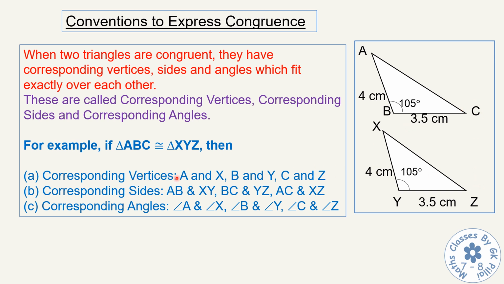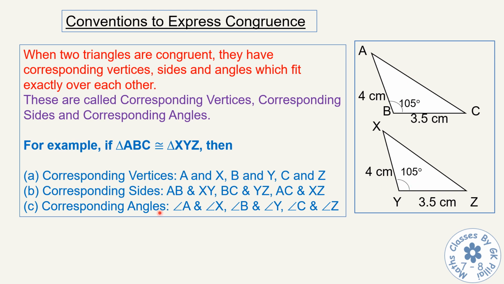In the beginning, the school question paper may ask about this, but ultimately these two are the important things: corresponding sides and the angles. So the corresponding sides are AB and XY, BC and YZ, and AC and XZ. These are the corresponding sides of the two congruent triangles.